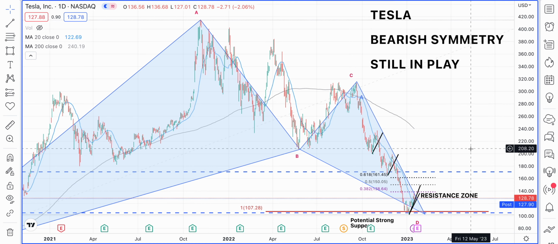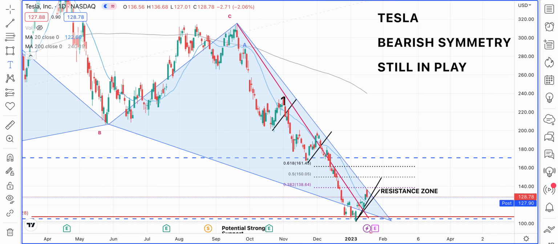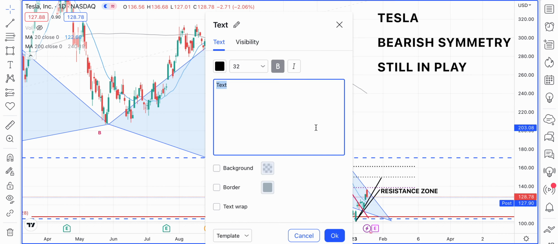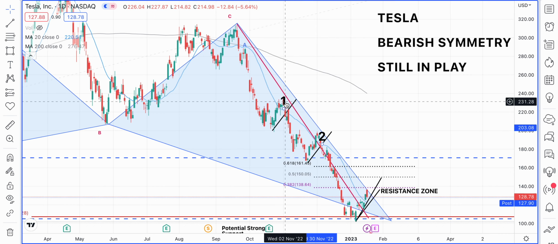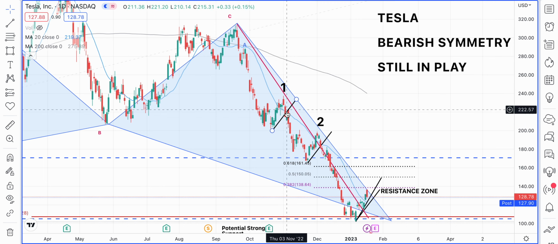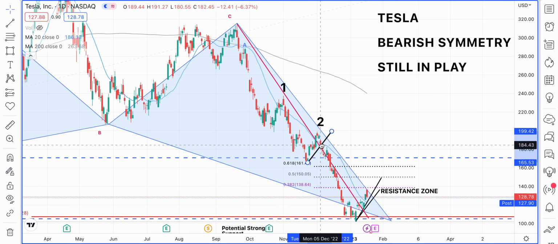What we see is that during this decline, there have been some attempts to rally. So there was attempt one, attempt two. Let me just write it. One. Two. Let me just move it there. And if you look at the magnitude of these rallies, they're the same.